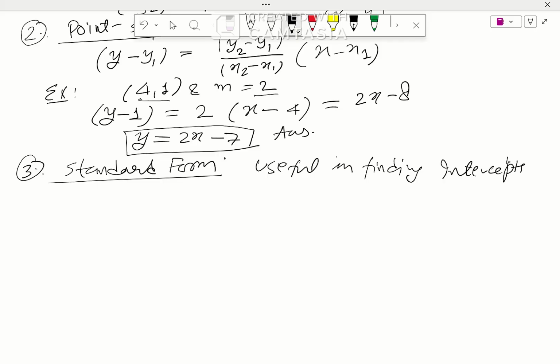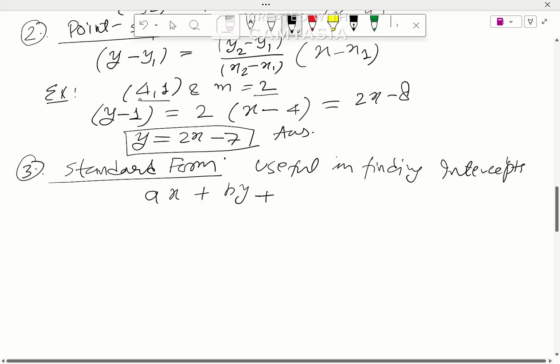On SAT you will find some problems where you will need to find the intercepts. And the standard form is ax plus by plus c is equal to 0. This is the standard form.